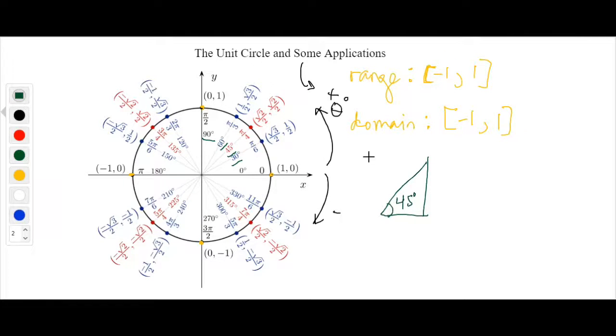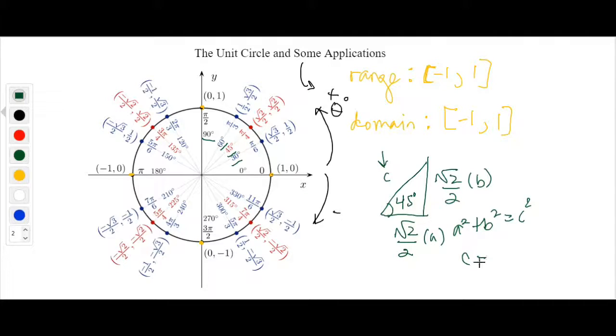So for 45 degrees, they're telling us that x is going to be square root of 2 over 2, and y is going to be square root of 2 over 2. Now, if you use the Pythagorean theorem, a squared plus b squared equals c squared, where this is a, this is b, so c is right here. c would actually equal 1.